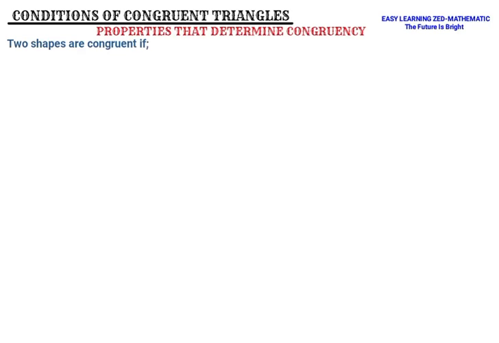So two shapes are congruent if one, corresponding angles are equal, two, corresponding sides are equal.